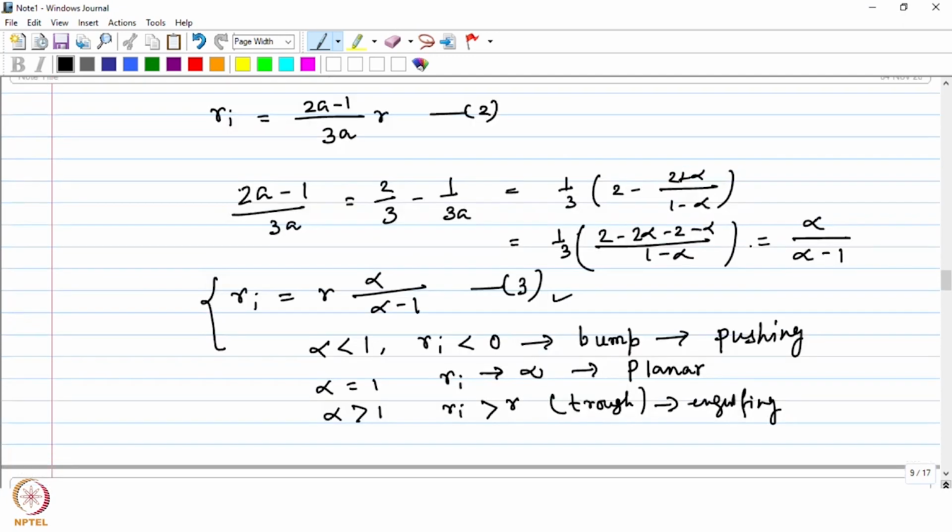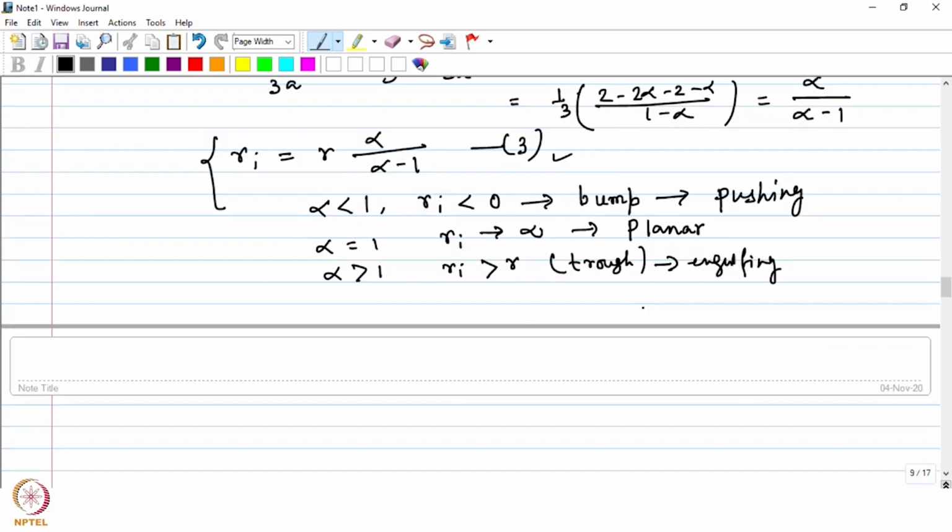And apart from this interface curvature, there is one more aspect which will affect the distribution of the particles, and that is the forces acting on the particle.